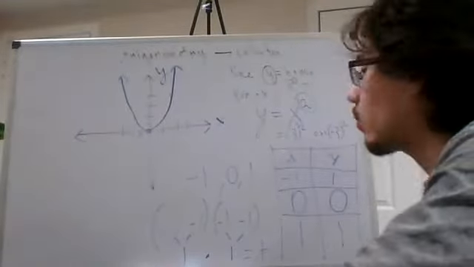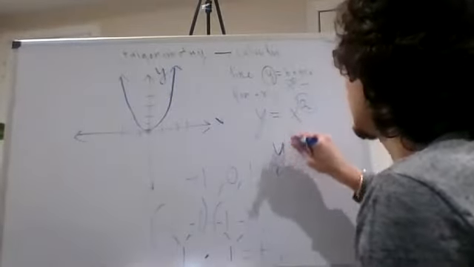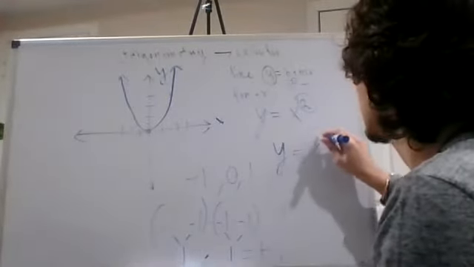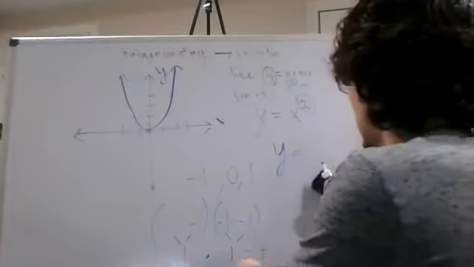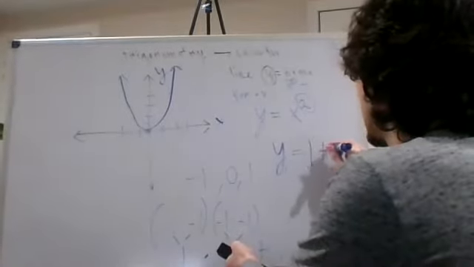Now that we understand what it looks like, Mrs. Tihani, what would it look like if it was, instead of y equals x squared, y equals 1 plus x squared?